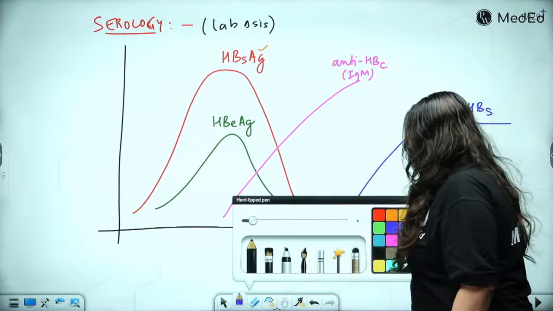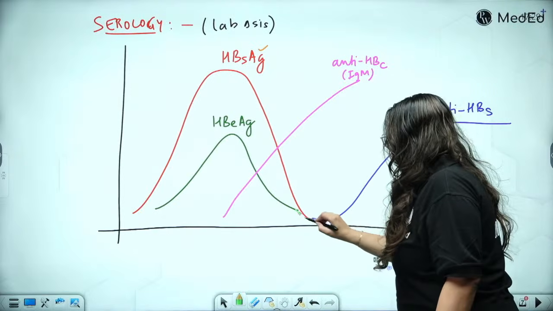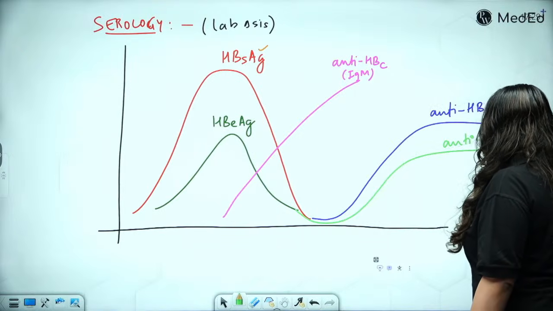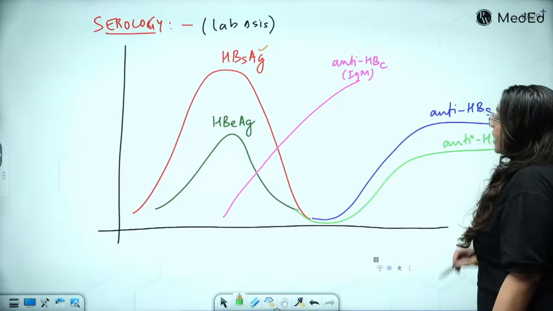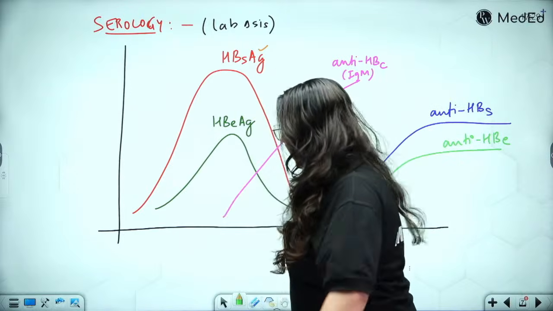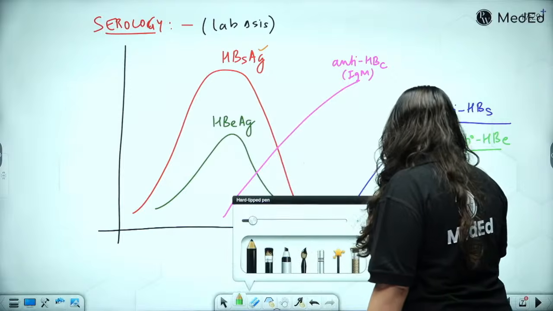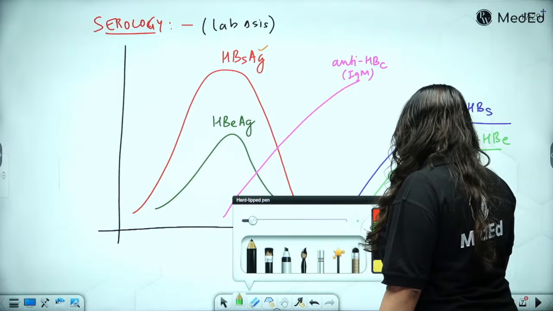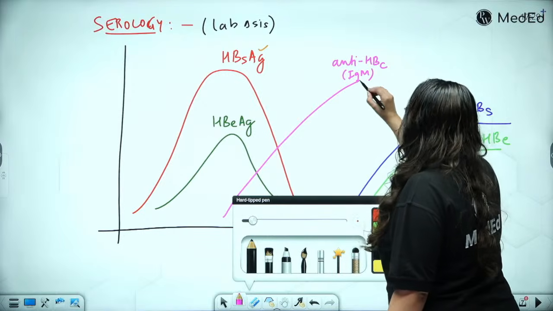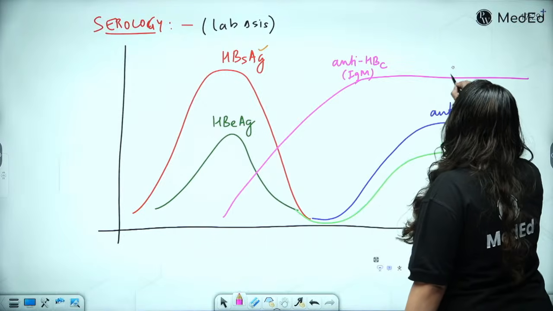Similarly, the pre-core antibody will also come into the picture. So over here, your anti-HBE is also going to rise. What about this? It will now start producing the IgG type, right? So it will now go on in the form of IgG.